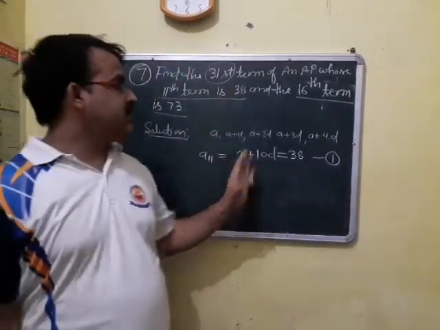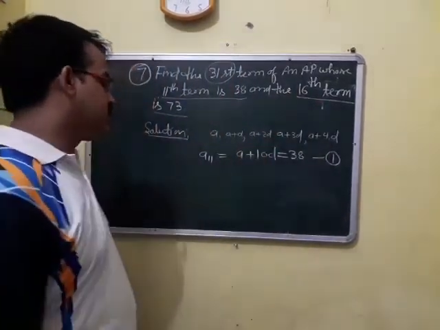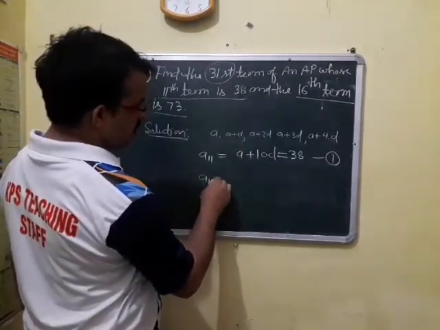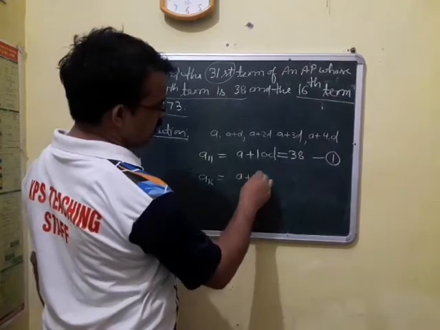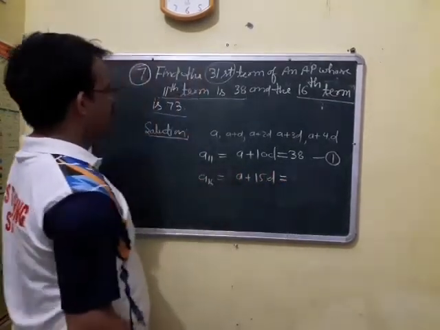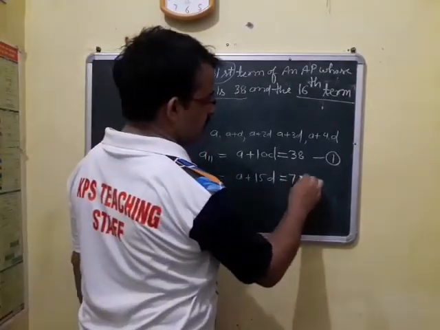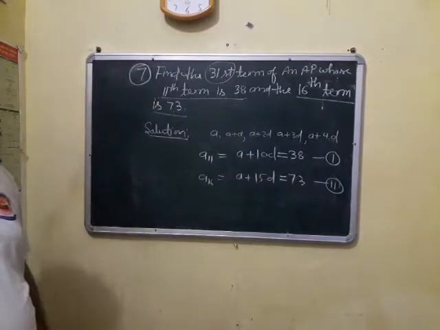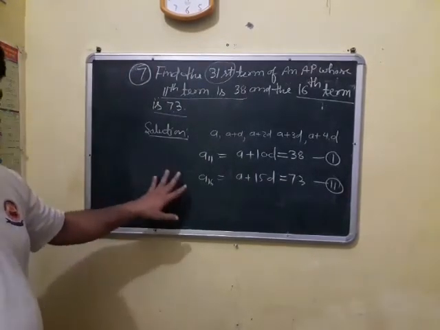Next, the 16th term is a plus 15d, and this is given as 73. This is equation second. Any problem? This is clear.